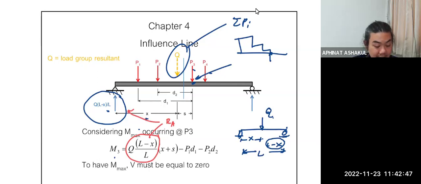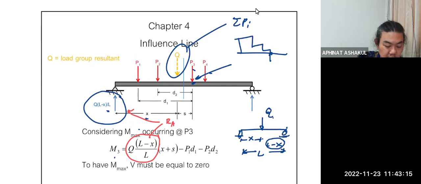Okay. Now we take moment at 3. I use the symbol X to locate Q, and then the distance from Q to load P3, I call it S. So this becomes RA multiplied by the moment arm X plus S, minus P1 multiplied by D1 and P2 multiplied by D2.